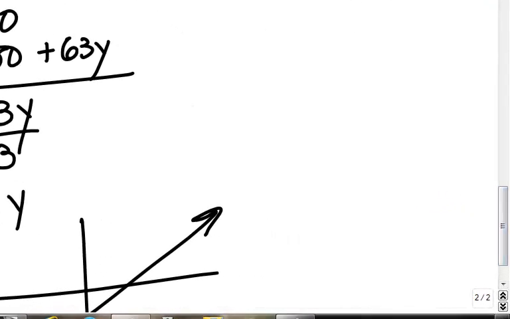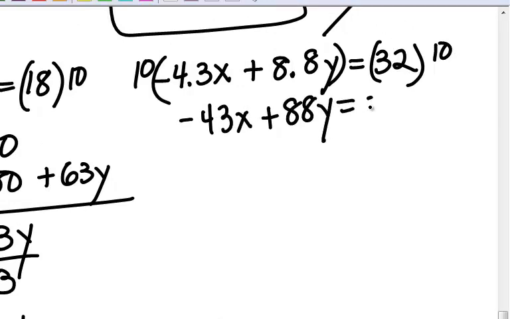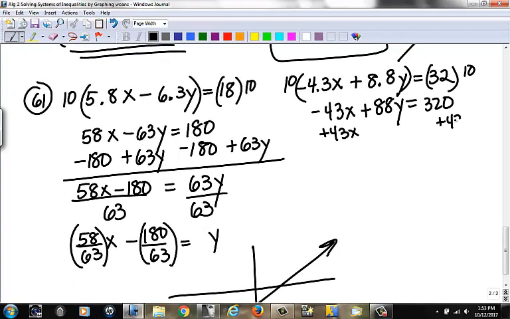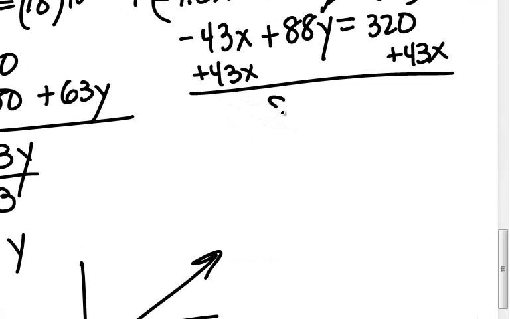Same thing, I'm going to get rid of the fractions, so multiply by 10 on both sides. You don't have to, but, so it's negative 43x plus 88y equals 320. I'm going to add 43x. And if some of you are at that stage where you can do that by sight, I'm okay with that.